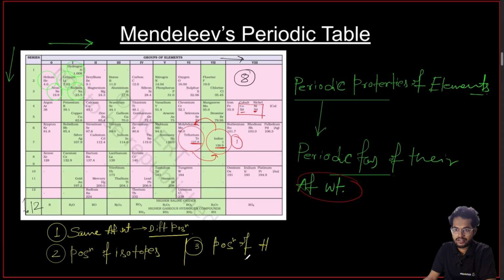Position of hydrogen. As you can see, he cannot determine the proper position of hydrogen. He sometimes keeps it in group 1 and sometimes keeps it in group 0. So this is the main difference. And the third one is same atomic number, different position.